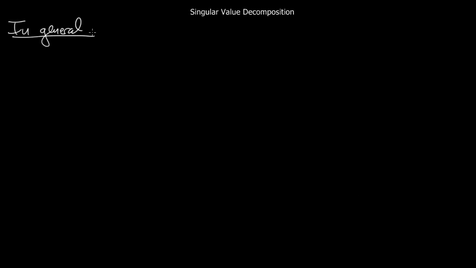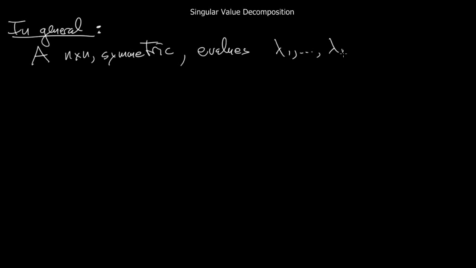And so, that was for diagonal matrices, but for general symmetric matrices, it's exactly the same. If you take an n by n symmetric matrix, then of course its eigenvalues are real. You know that by the spectral theorem. And so you write down its eigenvalues, lambda 1 through lambda n.